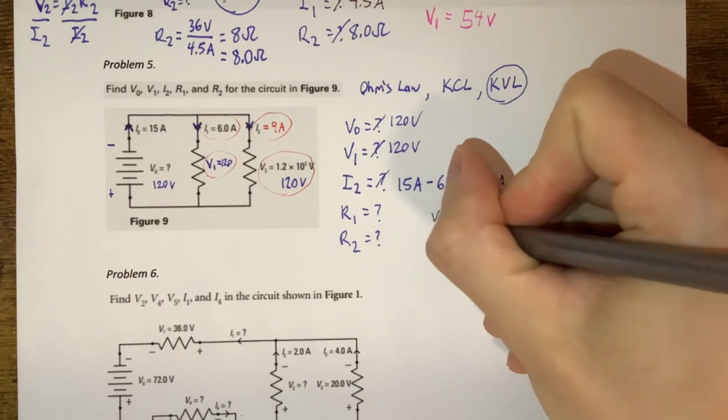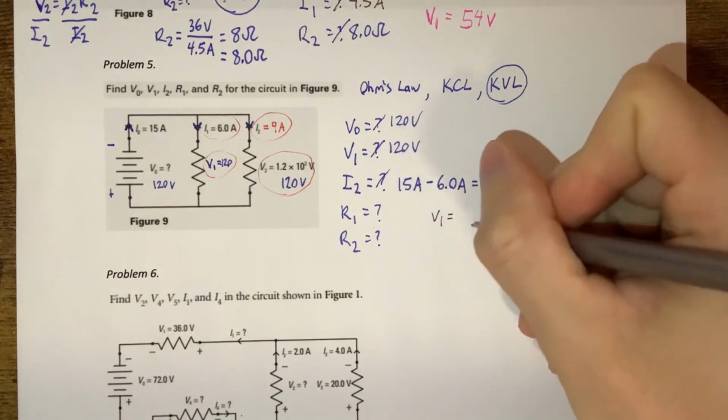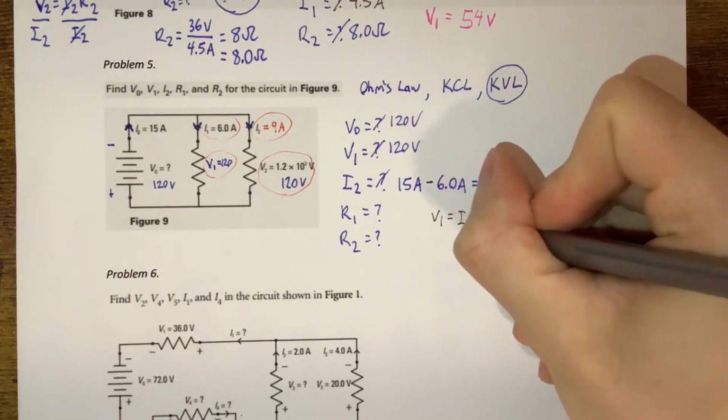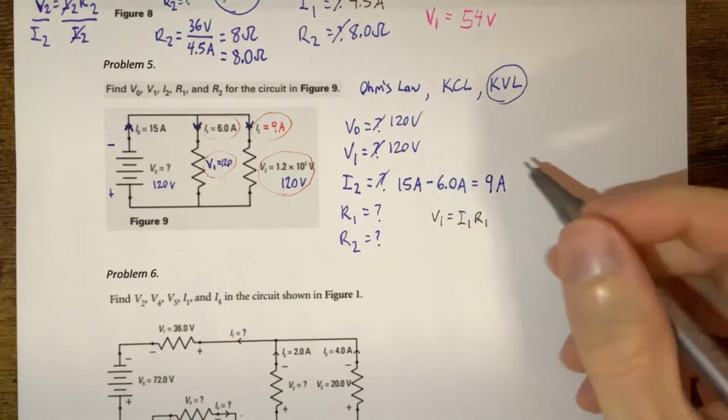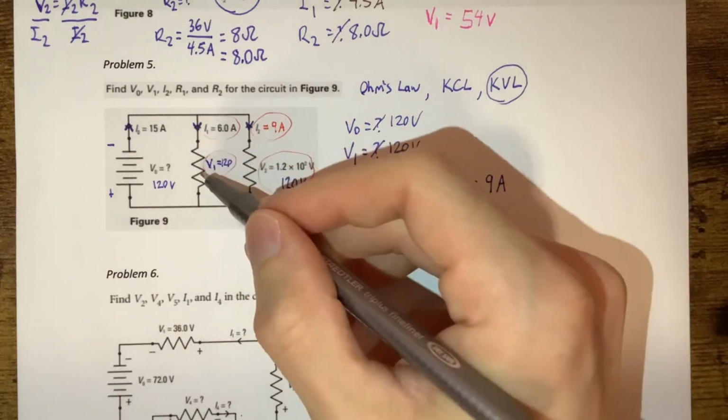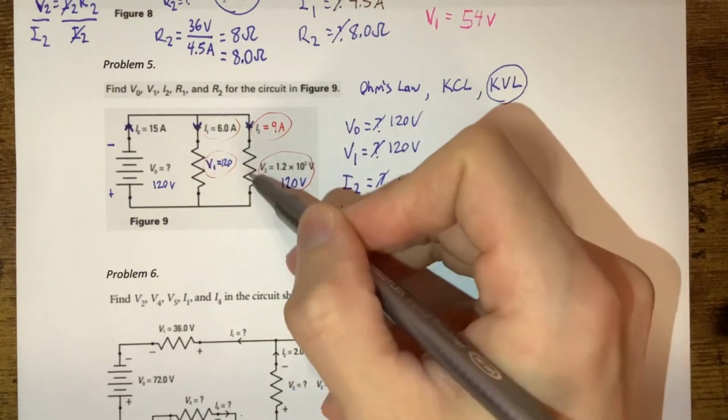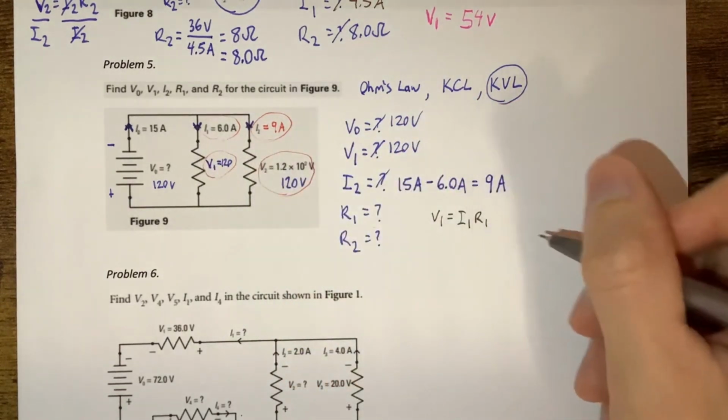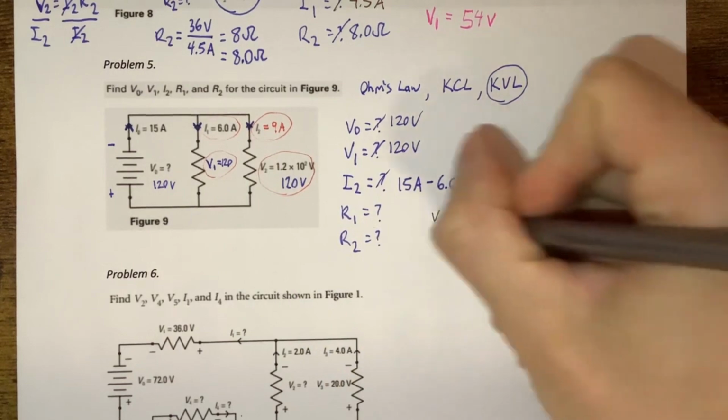So let's do our Ohm's law here. V1 is equal to I1 R1, and we want to figure out the resistance of this first load and then the second load. So I'm going to divide by I1 on both sides.